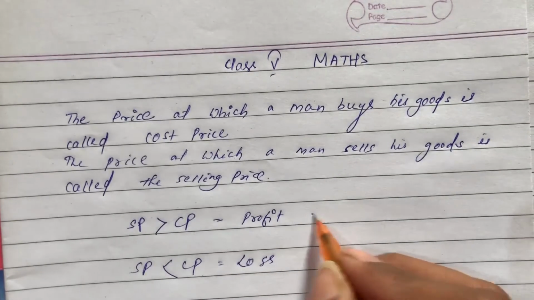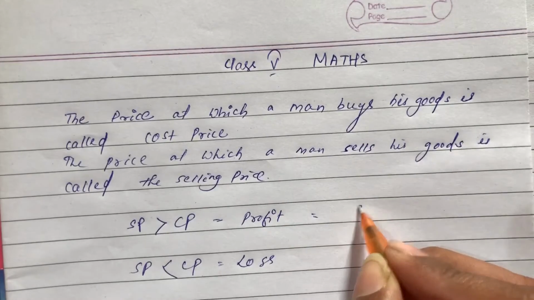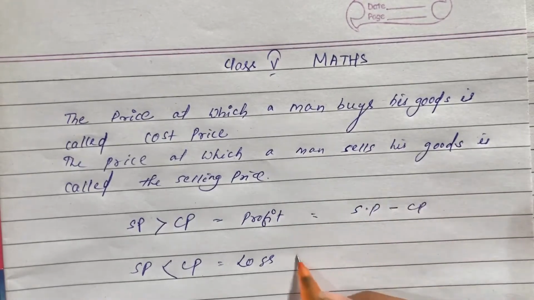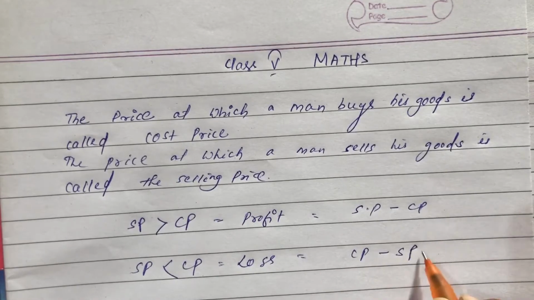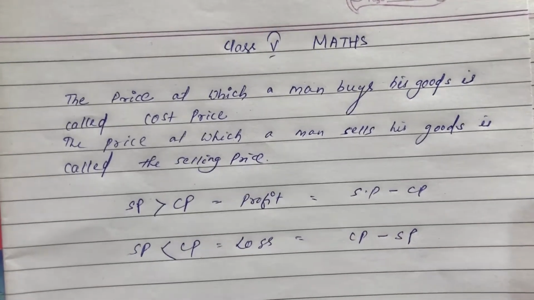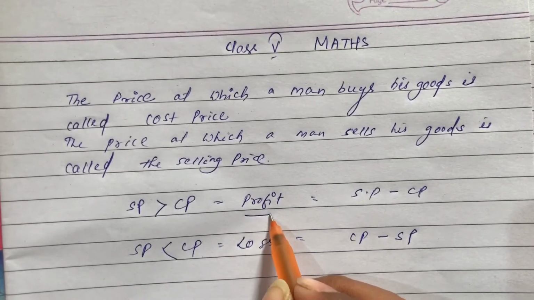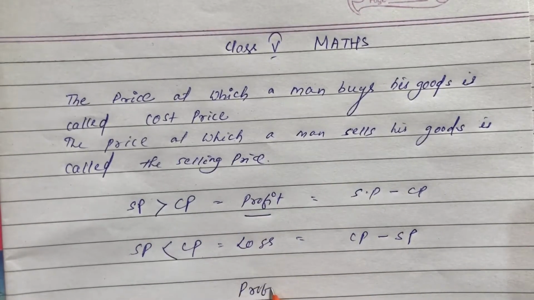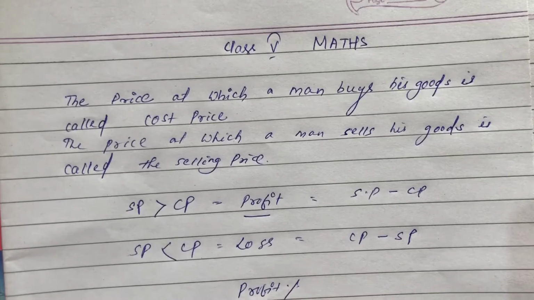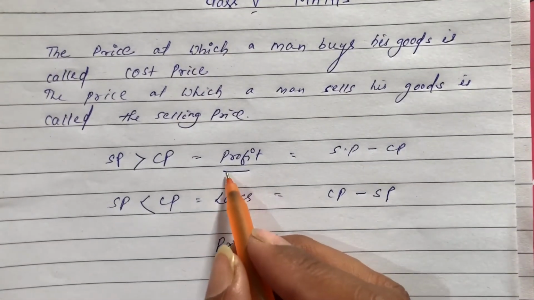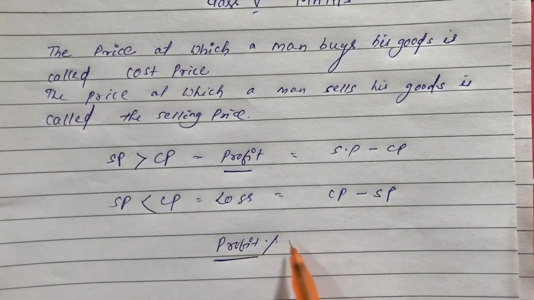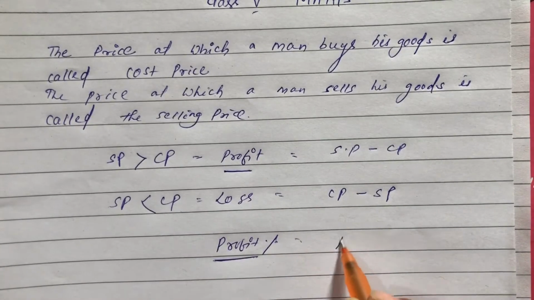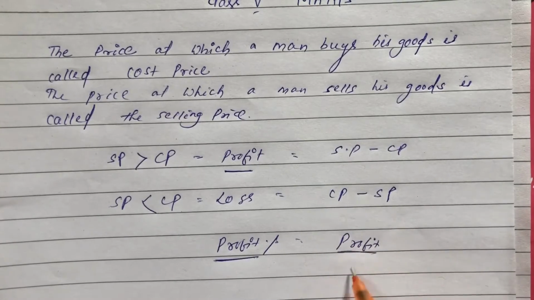The formula for profit is SP minus CP, and the formula for loss is CP minus SP. Whenever you are calculating profit, you have to calculate the profit percent also. Profit percent is equal to profit by CP into 100.